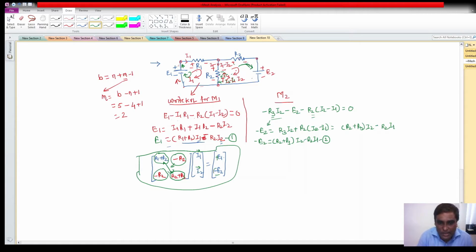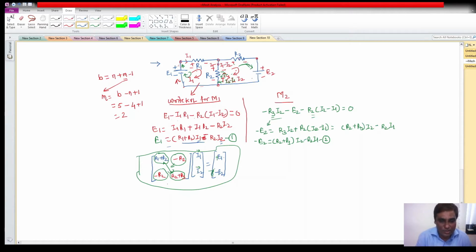That's why I can say that the sign of E2 is negative. It means if current is coming from the battery, take it positive, and if current is going into the positive terminal of the battery, take it negative. So this is also one of the shortcuts you can use to write the equations.